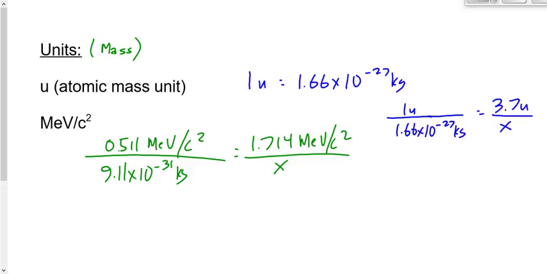So nowhere in one single place does it say this equals this. But it tells us in one place that the mass of an electron is this. It tells us in another place the mass of the electron is this. So we know those two masses have to be equal. That's how we convert MeV per c squared to kilograms in the unlikely event that we ever need to do that.